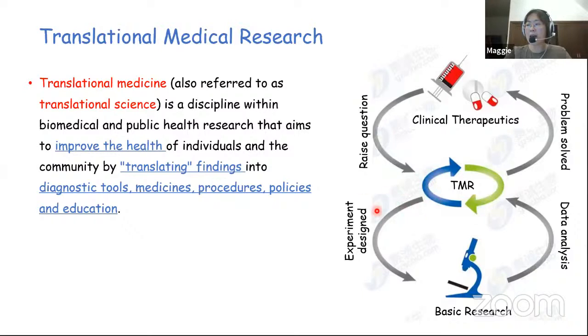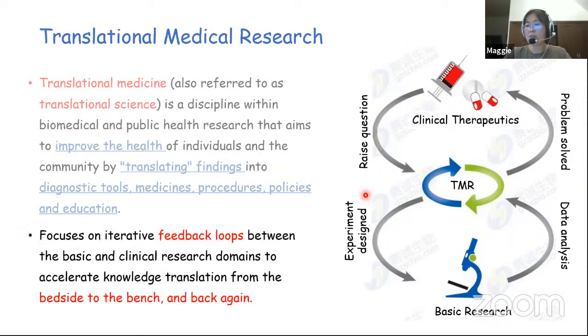In the labs, the scientists design experiments to solve this problem. After their experiments, they do data analysis and get a conclusion which can feed back to the clinic to solve the clinical problem. So this kind of research is translational medical research.